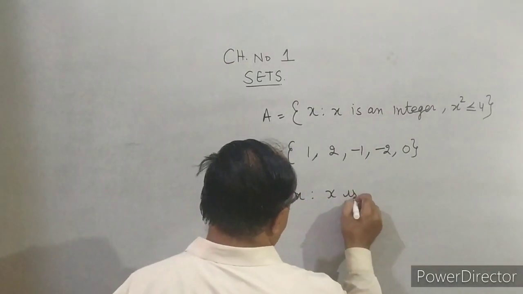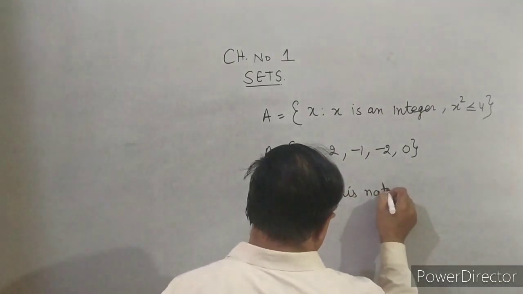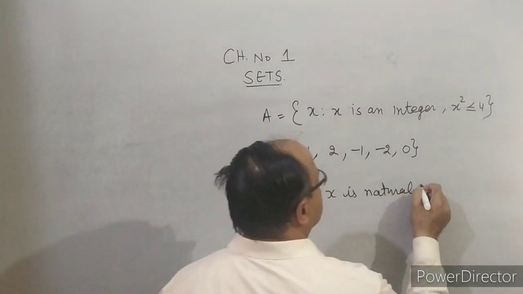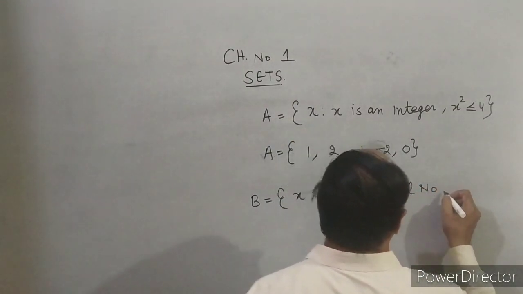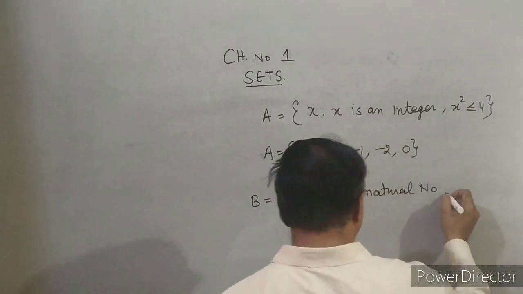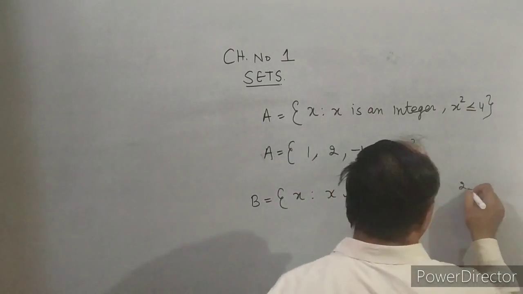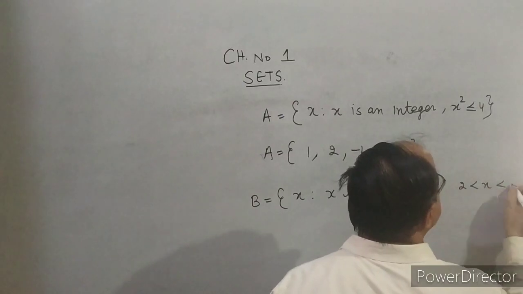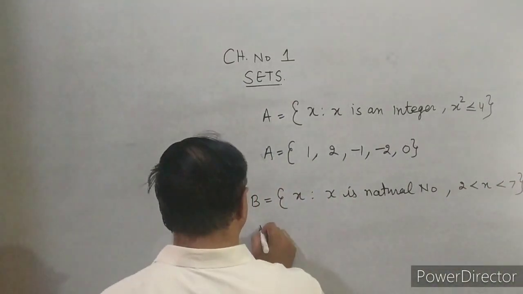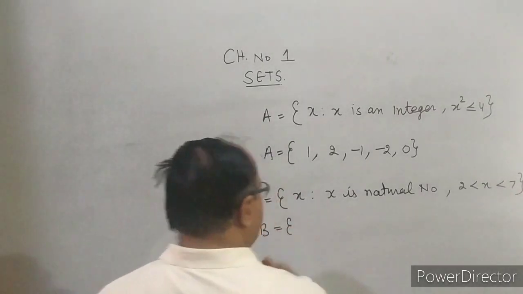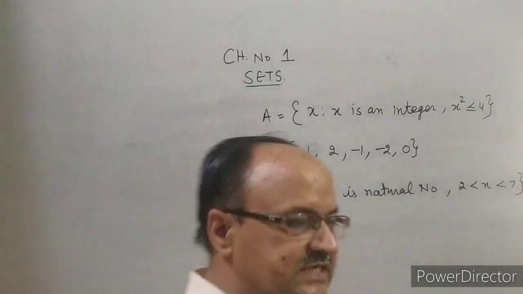And another example, suppose x is a natural number, 2 less than x less than 7.